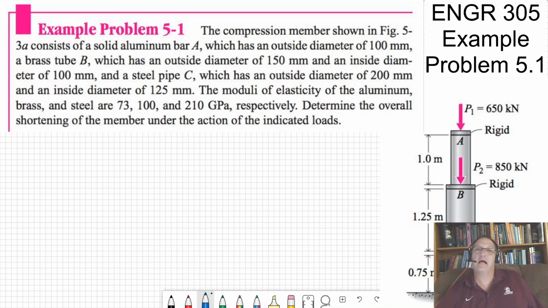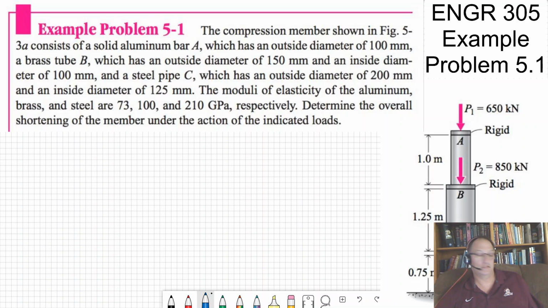Given the elasticity of the aluminum, brass, and steel are 73, 100, and 210 gigapascals respectively, please determine the overall shortening of the member under the action of the indicated loads.